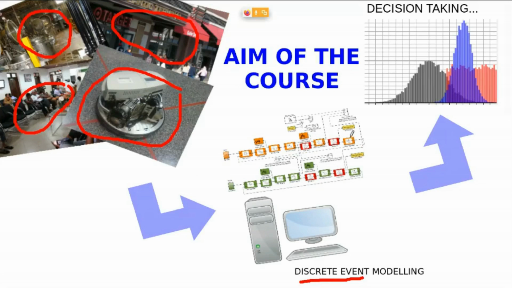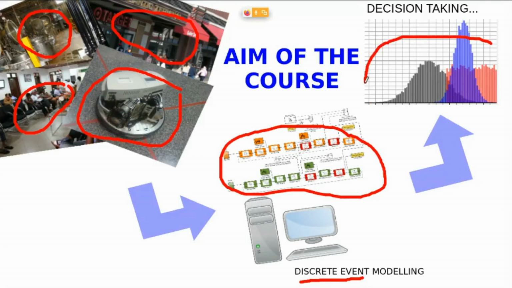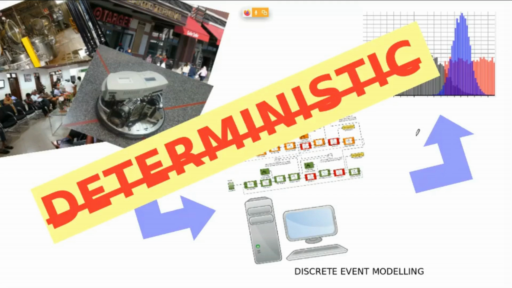So we will build this discrete events model in our computers in order to get statistical results. Okay, here we have some histograms. These statistical results will help us in the decision-taking procedure. Obviously, because we have histograms, we have some statistics in here.